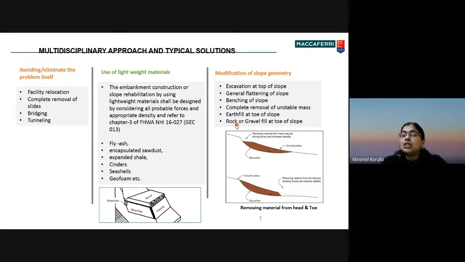Then modification of slope geometry. Mainly when we are facing a slide problem or slope instability problem because of a steep slope, then modification of that slope geometry will be the correct solution.